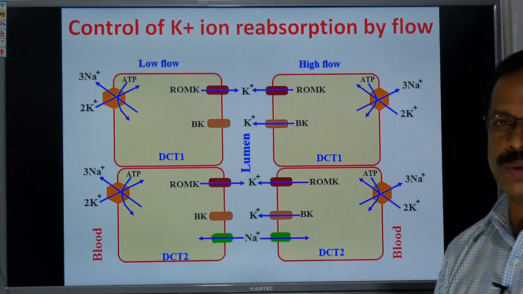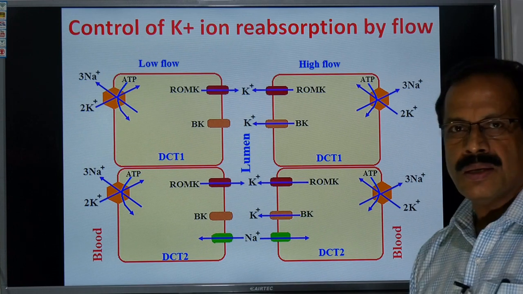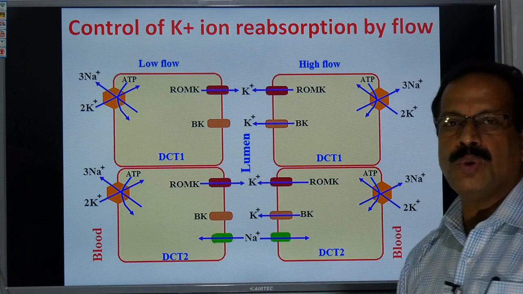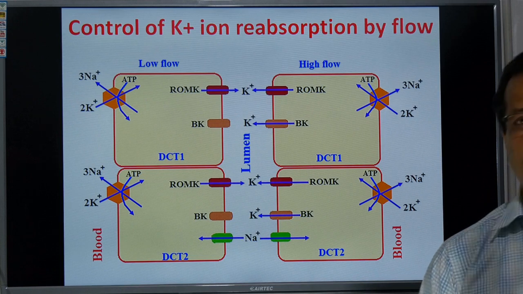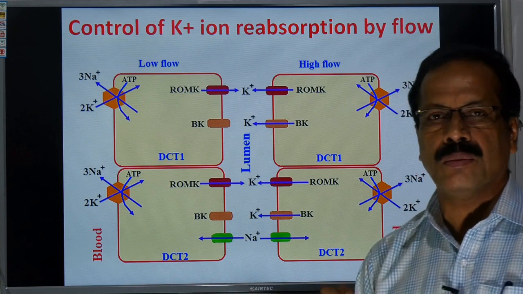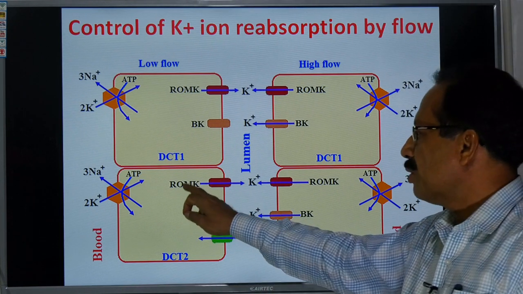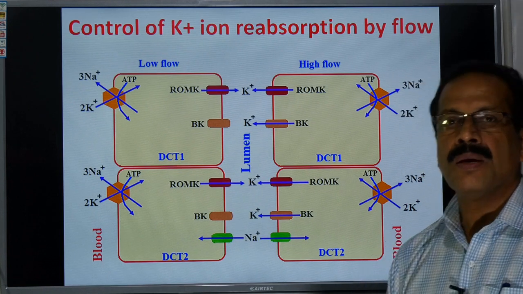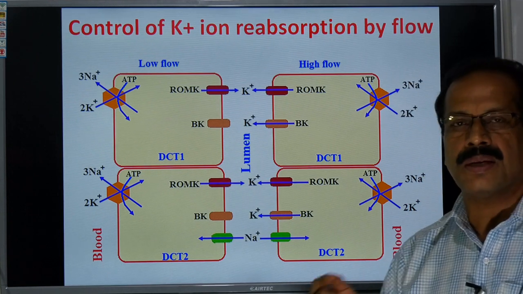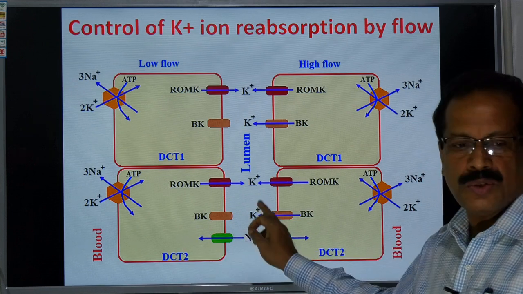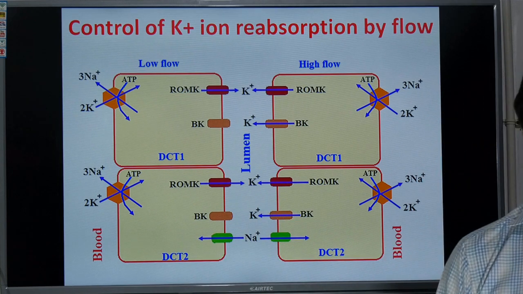When aldosterone is present in the blood, more ROMK channels will be present. Aldosterone ensures that an adequate number of renal outer medullary potassium channels is present to enhance the secretion of potassium from the cells into the tubular fluid.